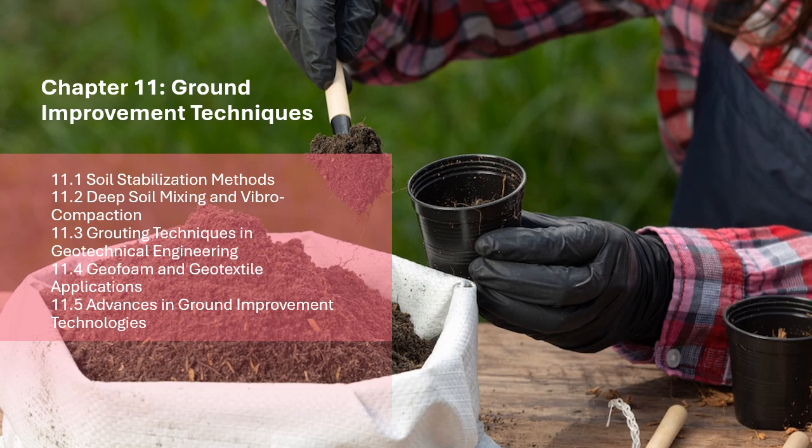5. Bituminous stabilization. Bitumen or asphalt is mixed with soil to improve its resistance to water and its strength. This technique is often used in road construction to create a waterproof and durable base.